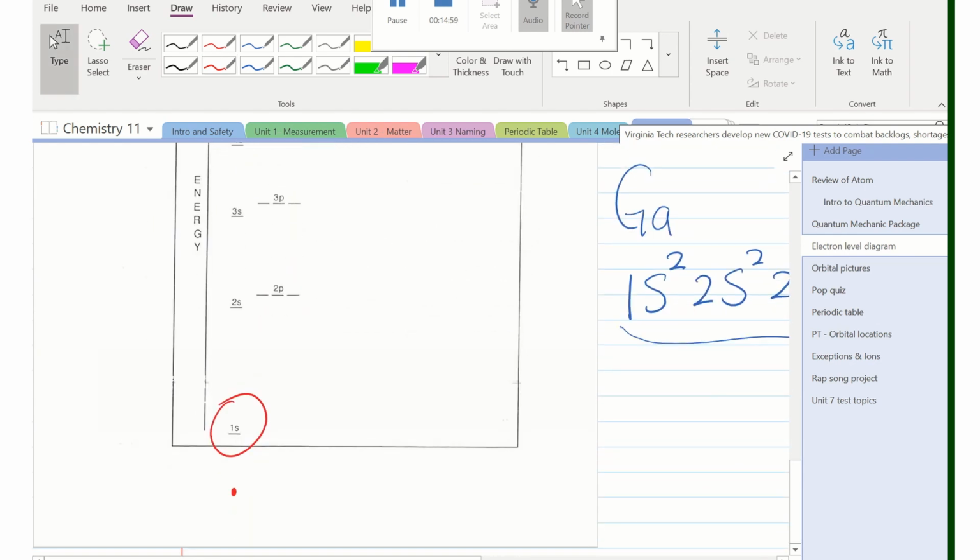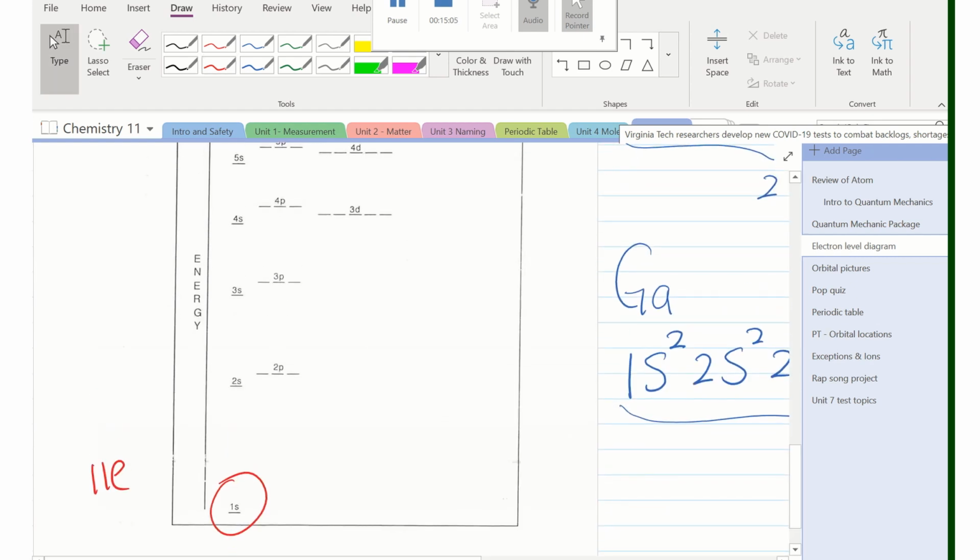Again, let's try to fill in the 11 electrons of sodium on this diagram, and start off with 1s2, the lowest energy orbital, and then fill in 2s, the next lowest energy orbital, and then we have the 2p's.